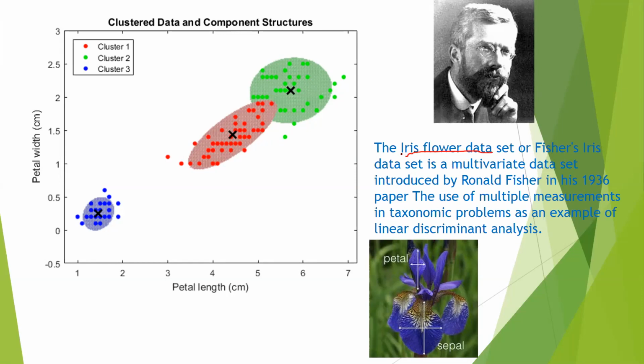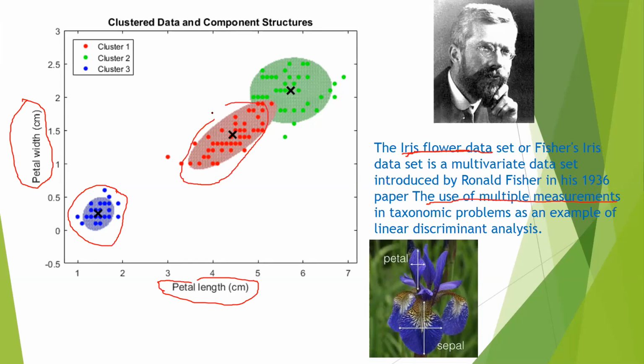For this iris flower, he took multiple different measurements, for example the petal length or petal width. By using different measurements, they could clearly subdivide the mixture of 3 different genotypes into 3 different groups.